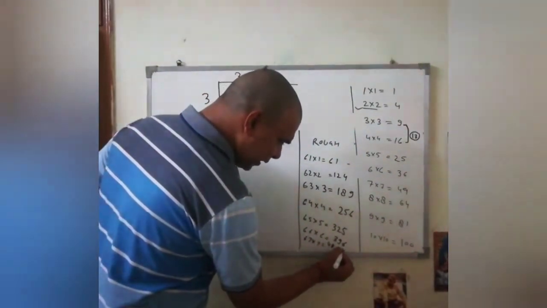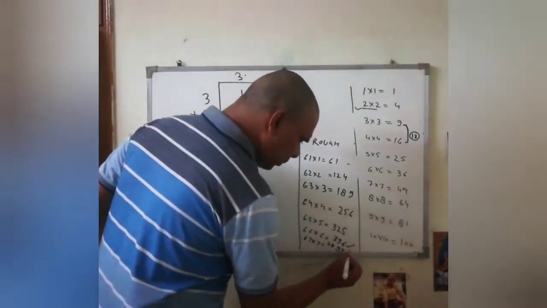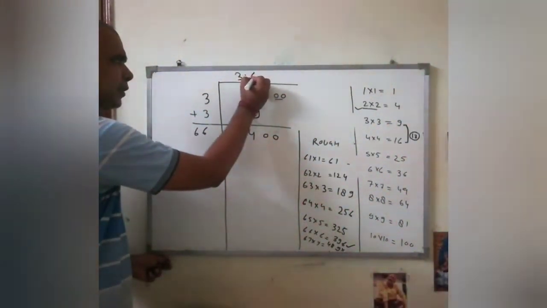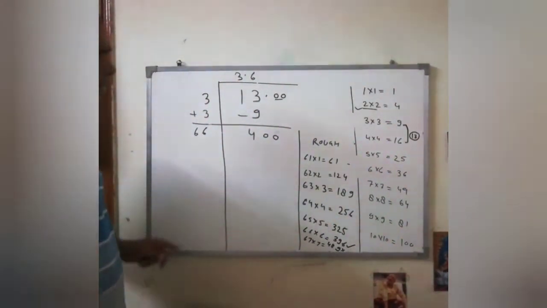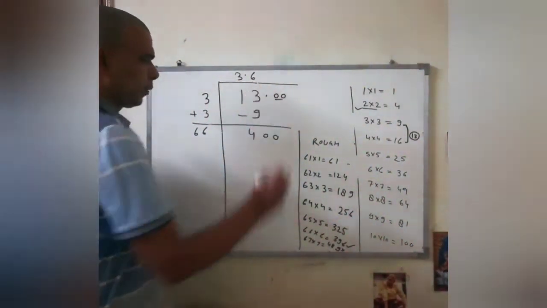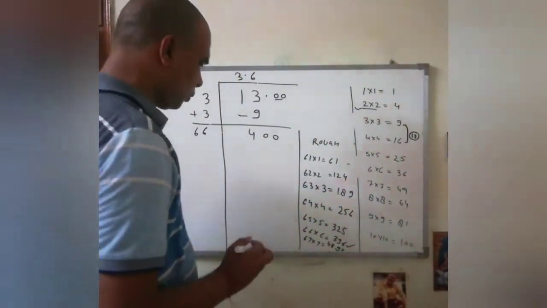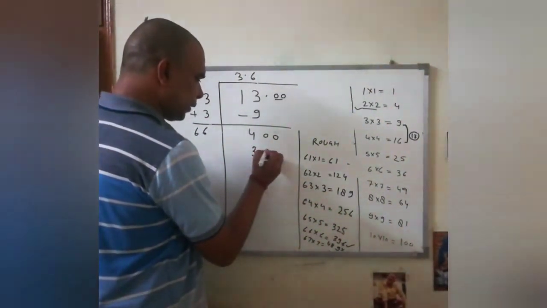So it exceeds, so we will choose this pair, 66 into 6. So you can put 6 here and 6 here. Is there any problem? No. So you can write 396 here.